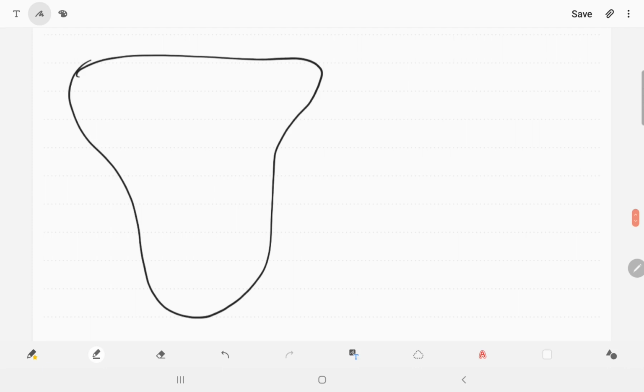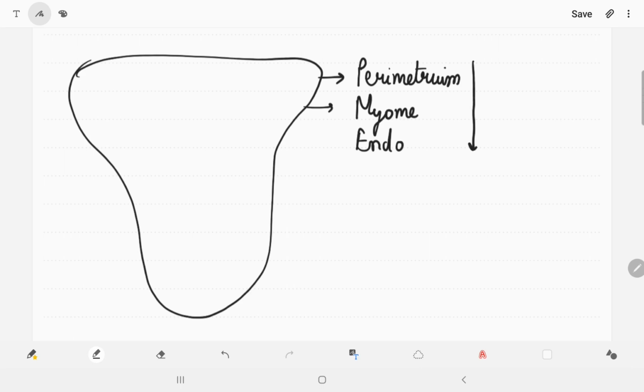The uterus has got, as you all must be knowing, 3 layers. That is the perimetrium, the myometrium, and the endometrium. Okay, so from outside in, these are the 3 layers, and what I am doing is I am dividing my endometrium further into 3 layers. What are they?